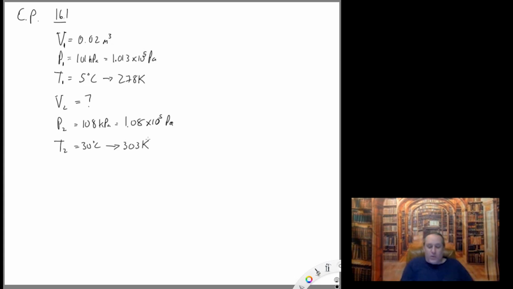Okay, so we want to do the ideal gas law, and every time that we know the condition of a gas at one time, and then we want to find out what happens at another time, or one place and find out what happens in another place, we just simply write the ideal gas law twice. PV equals, we could write the chemistry version or the physics version.